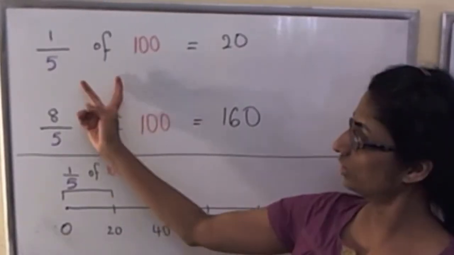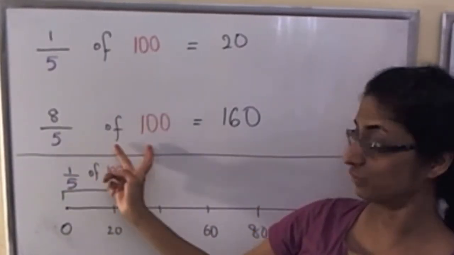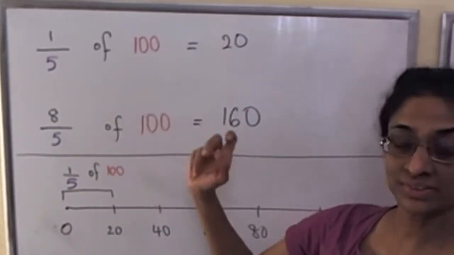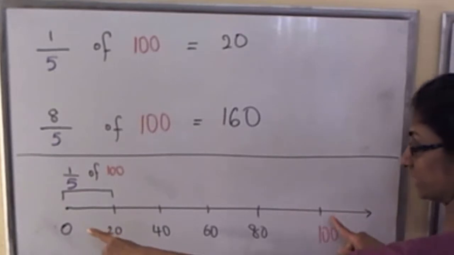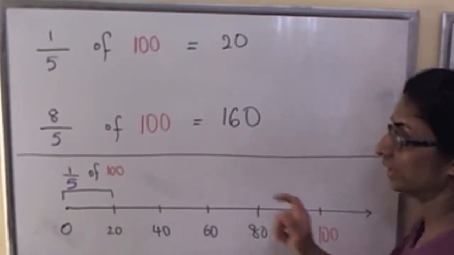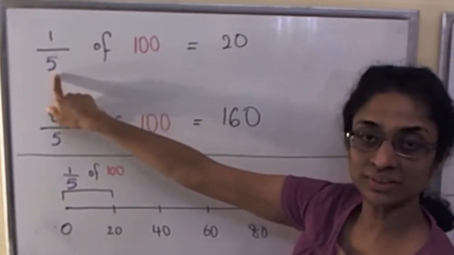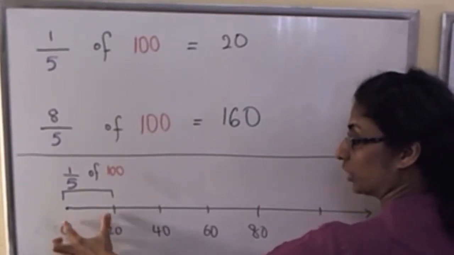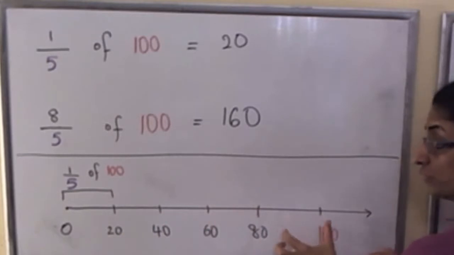So let's look at 1/5 of 100 and 8/5 of 100. Just as before, this 100 is telling us, let's look at a segment of length 100. This 5 is telling us, partition this segment into 5 equal parts. 1, 2, 3, 4, 5.